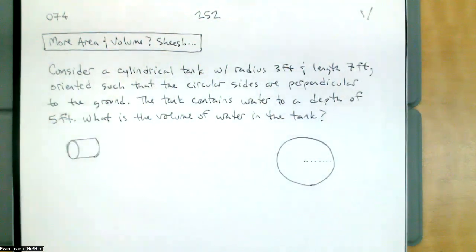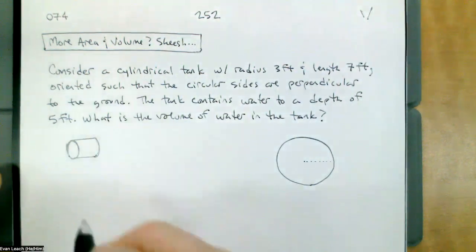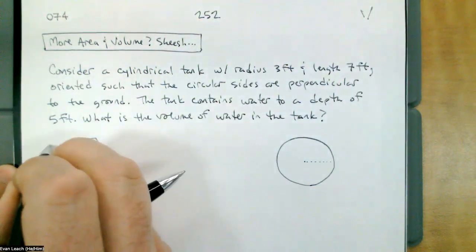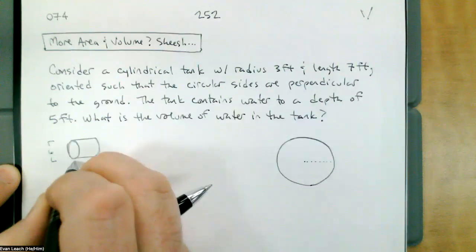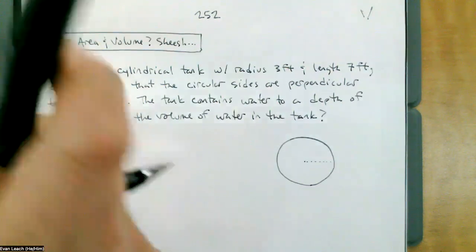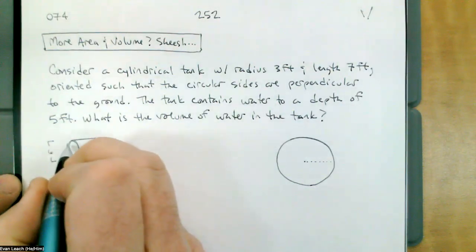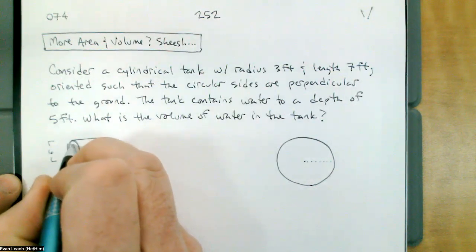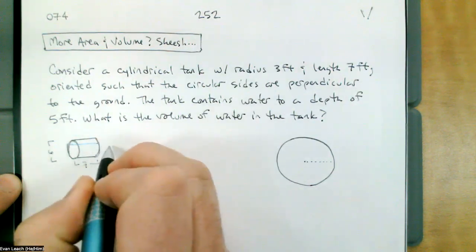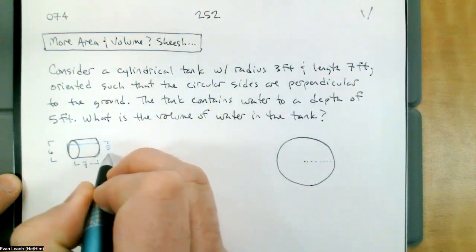And there's water. So the radius of the tank is 3 feet. So the height of the tank is 6 feet. The length of the tank is 7 feet. And there's water to a depth of 5 feet. So there's water, there's like a foot of space up at the top.